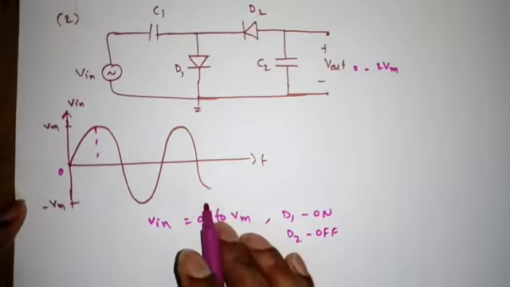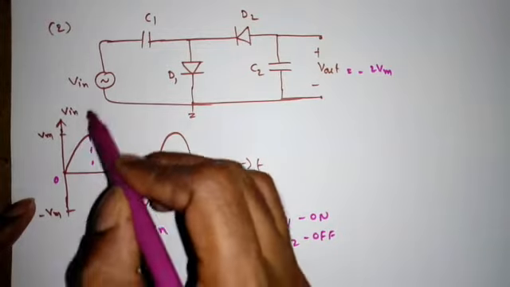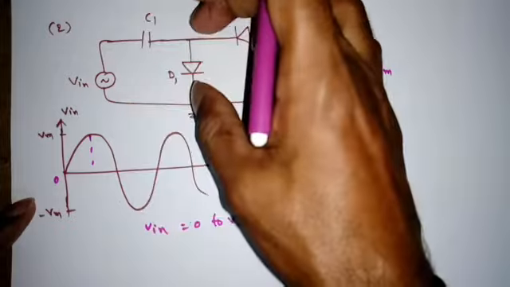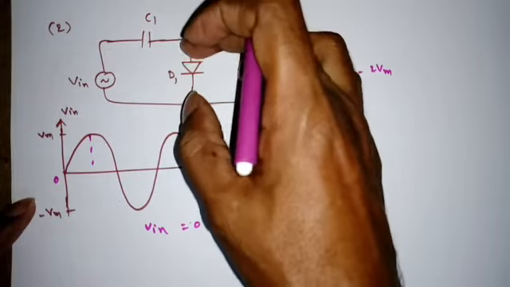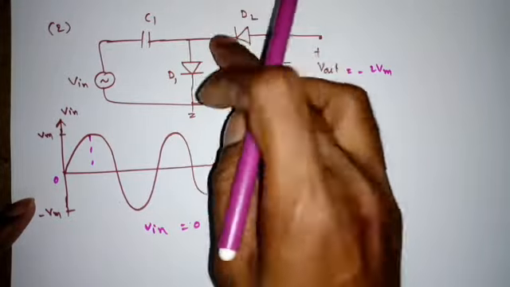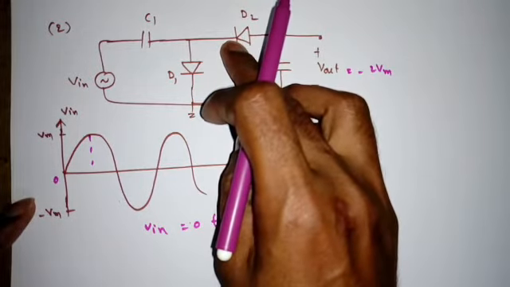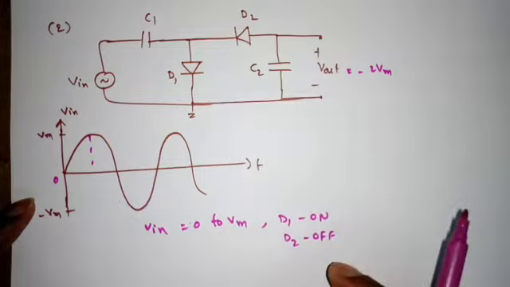That we can say directly. From 0 to Vm, initially the capacitor is uncharged, so whatever is there will appear across D1. This is positive, this is negative, forward biased. Here positive is connected to the N-type semiconductor, so the diode D2 will be off.